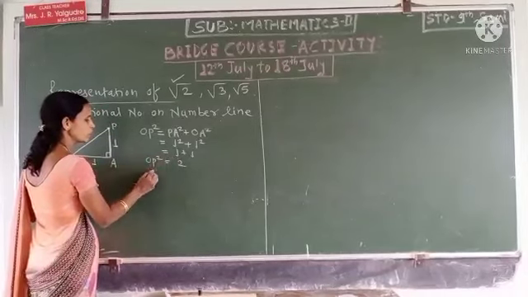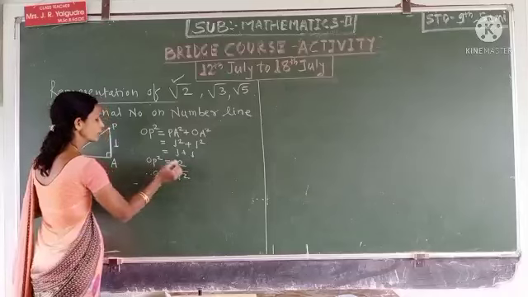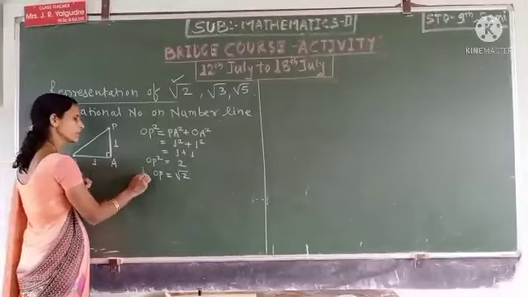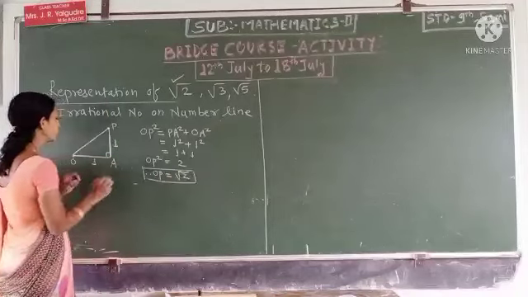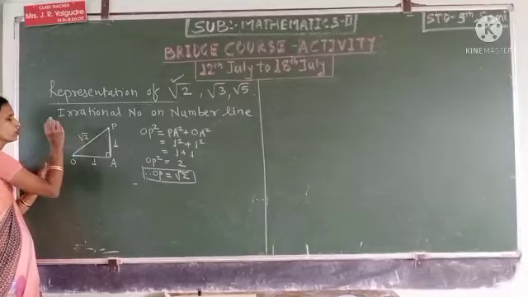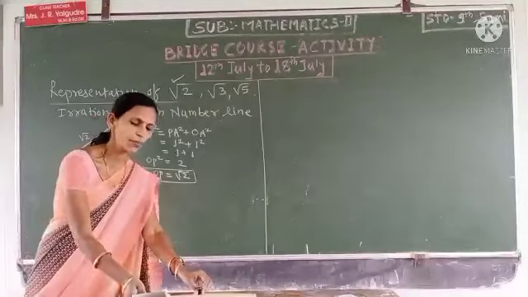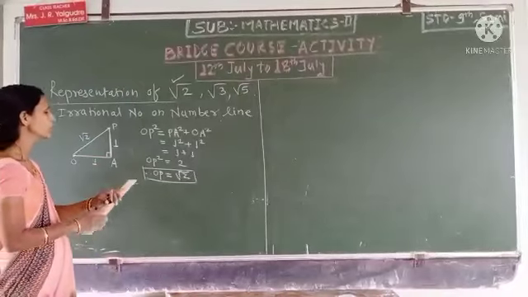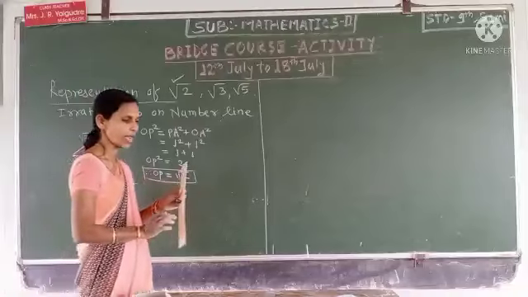Here OP square is 2, therefore OP is square root of 2. That means here the value of OP is root 2. See here, the hypotenuse is root 2. Then using this concept, we can represent the root 2 number on the number line.